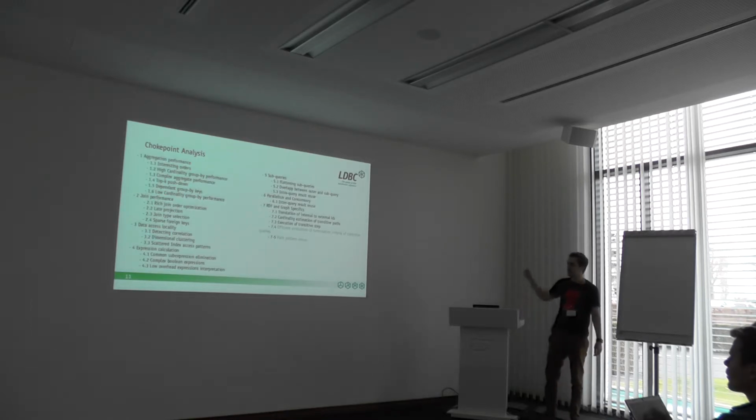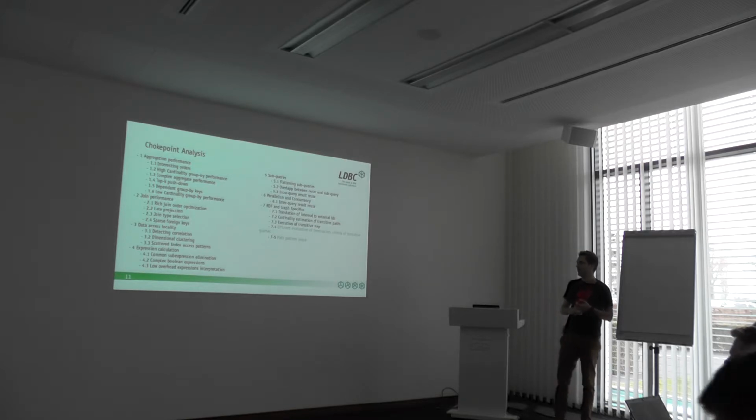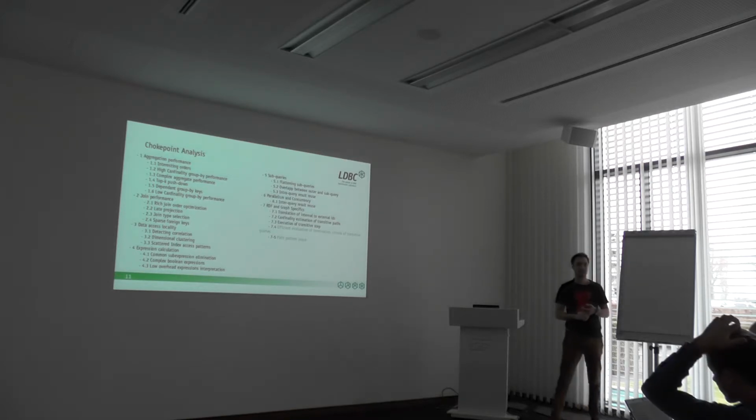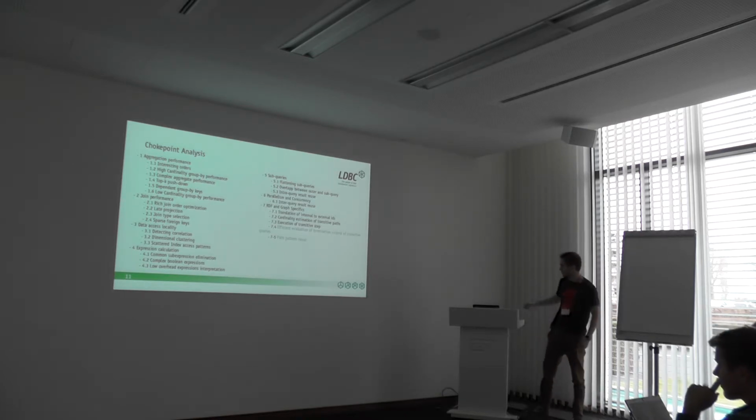Choke points are classified in seven categories: aggregation performance, join performance, data access locality, expression calculation, subqueries, parallelism, and graph specifics. In total, I think there are 25 choke points.